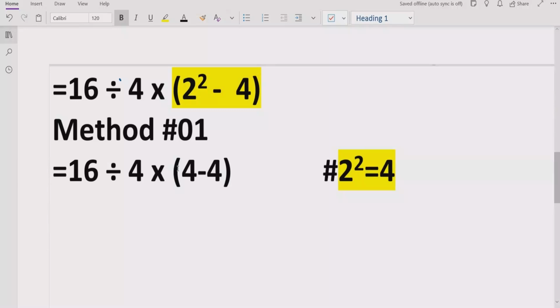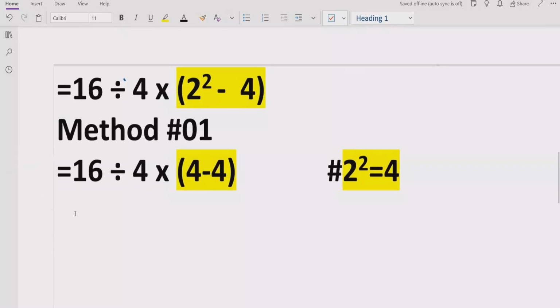Now we will solve this part and write the other terms as they are. 4 minus 4 equals 0.